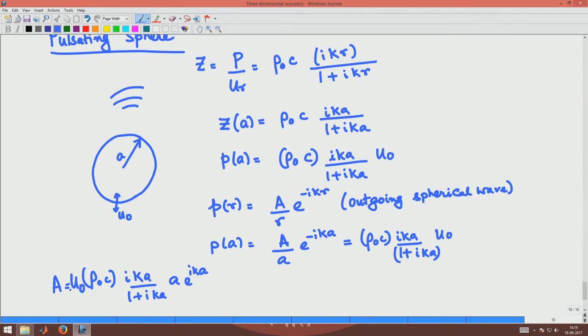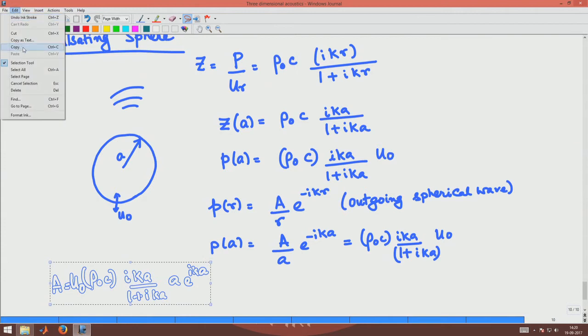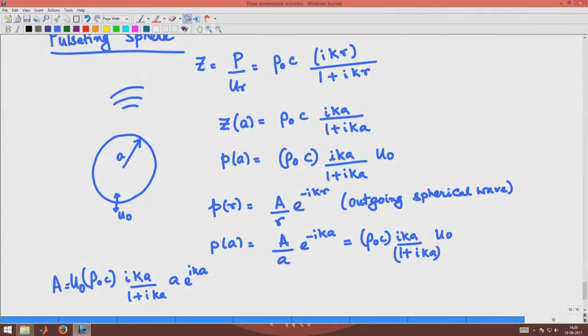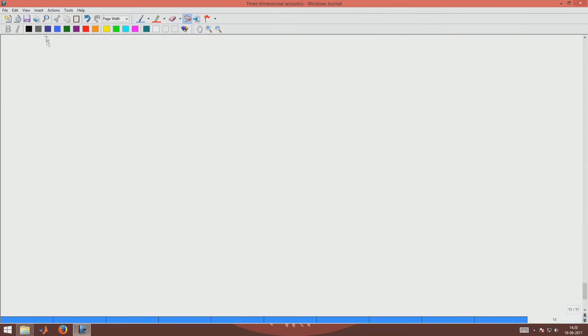I simply substitute in this expression, and get the value of A by multiplying the small a on the other side and e to the power i k a. Thereby I get this formula for the undetermined constant A, which I will cut and paste in the next page. Therefore, the pressure will be given as follows.